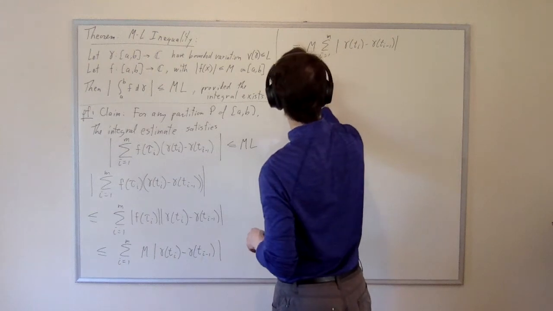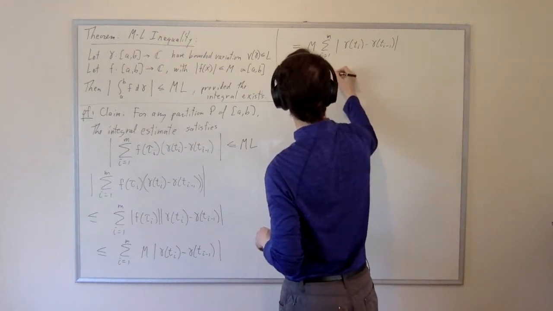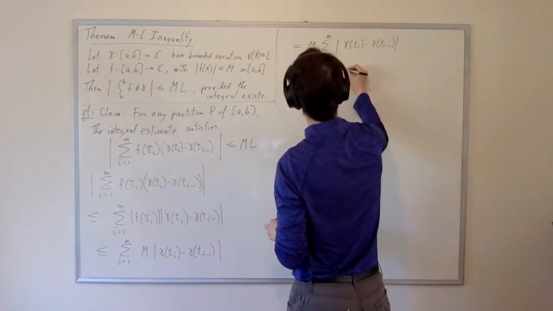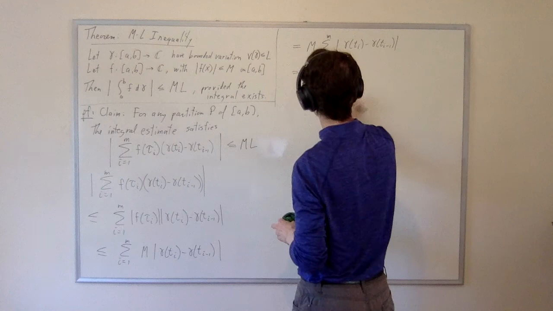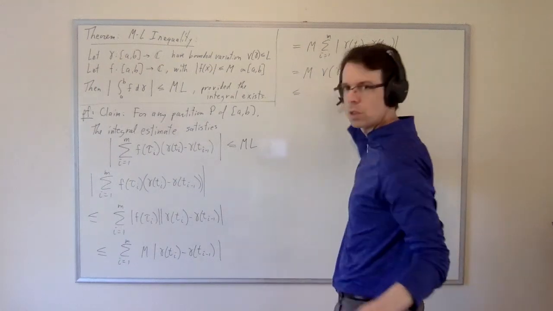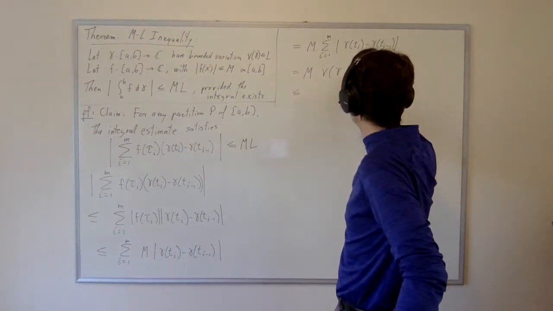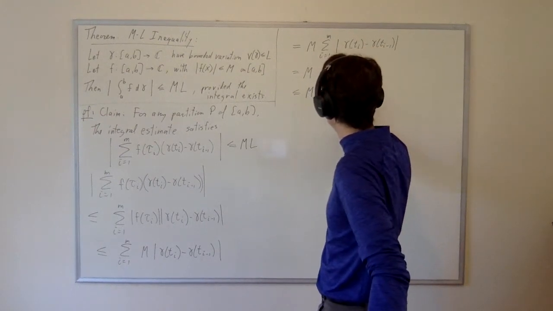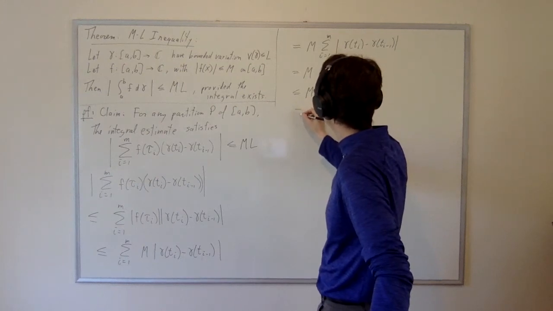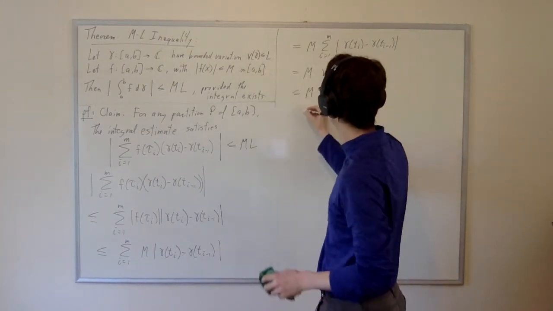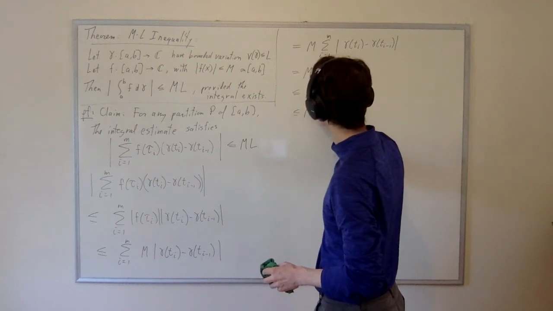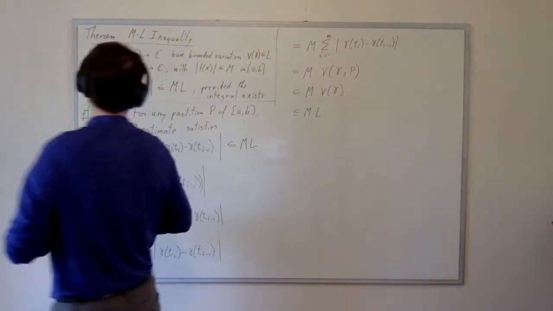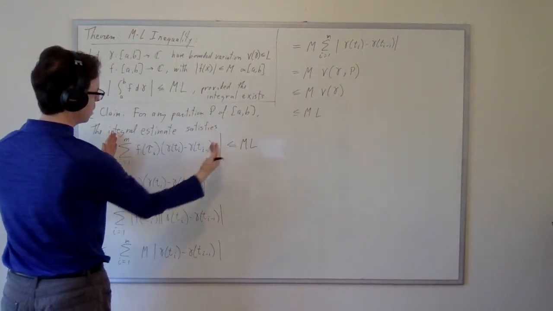But that is equal to M times the variation of γ with respect to the partition P, which, because the variation is the supremum of these variations with respect to various partitions, is less than or equal to M times the variation of γ, which is by assumption less than or equal to M times L.